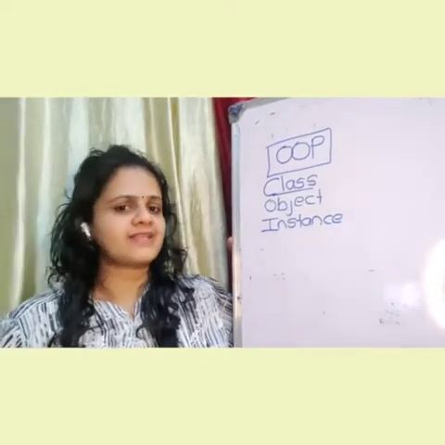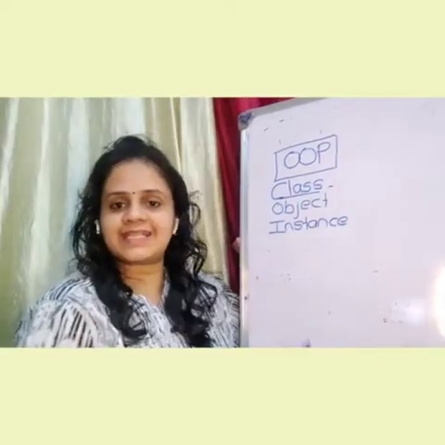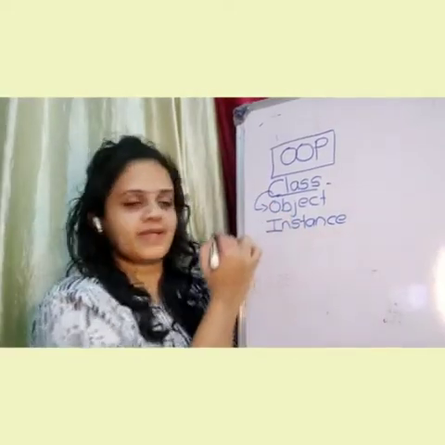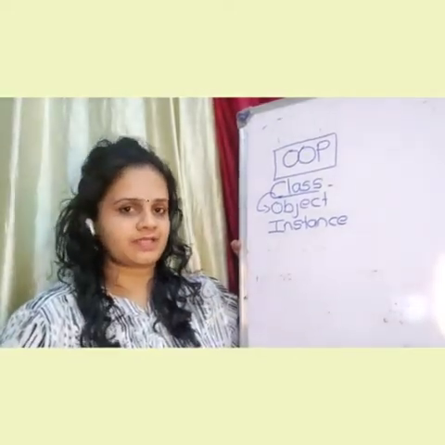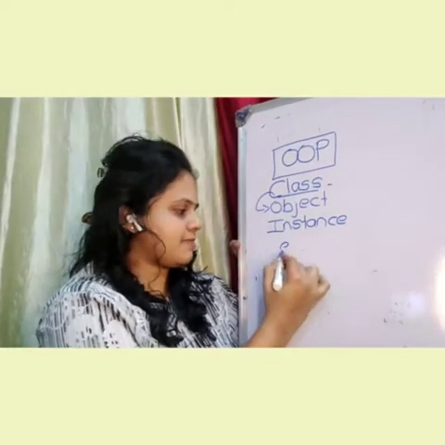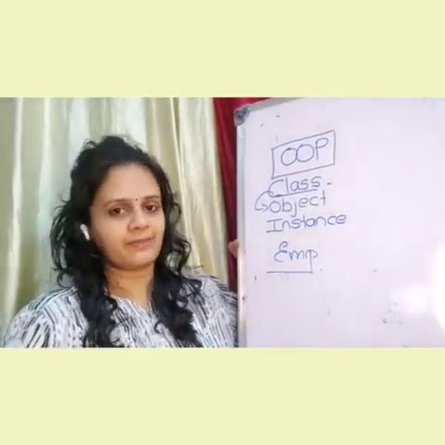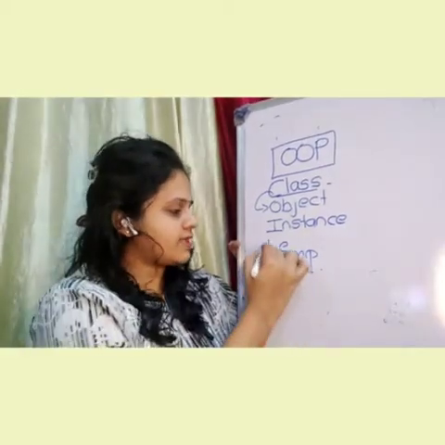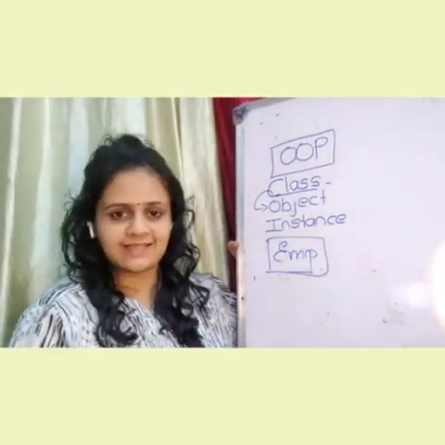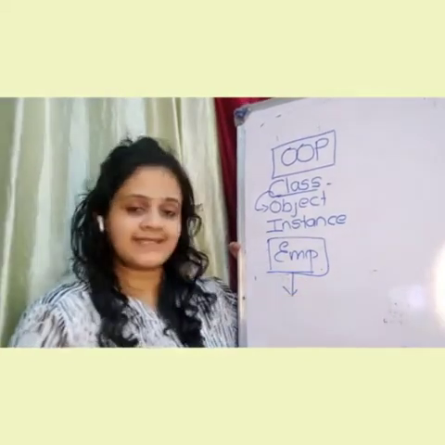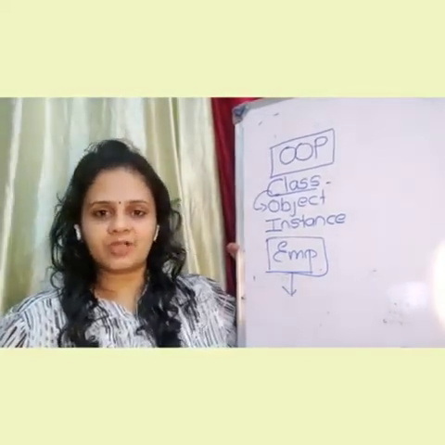Just take a small example. We can define class as a blueprint to create the objects. Let's take a simple example. Consider the example of employee. Now we are going to create this class. The class name will be employee. Now what are the attributes of the employee?